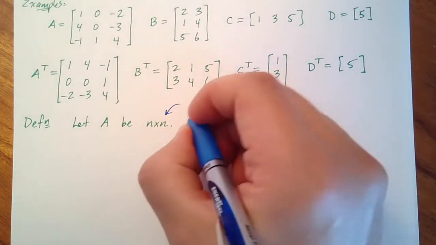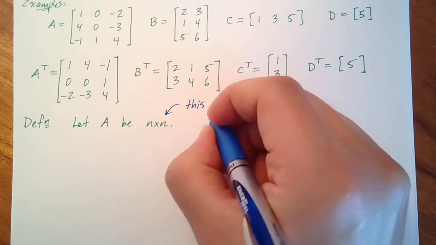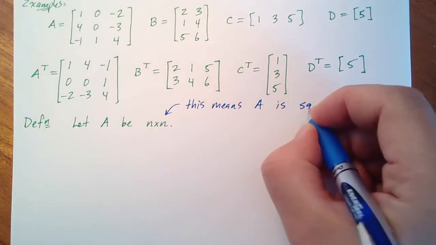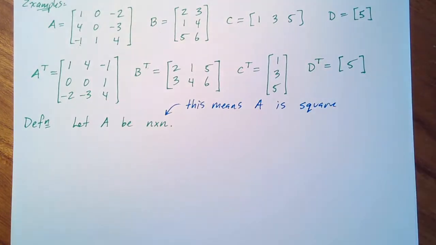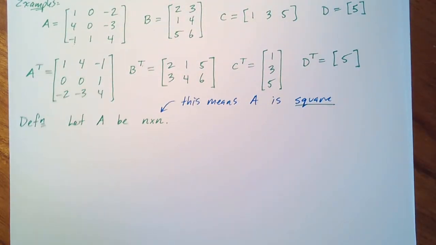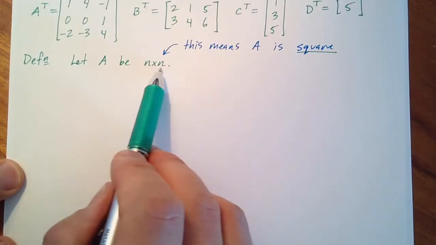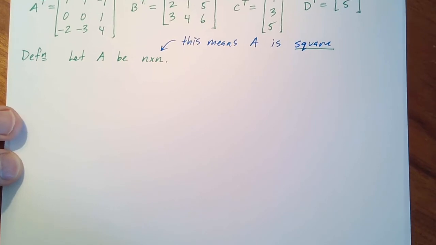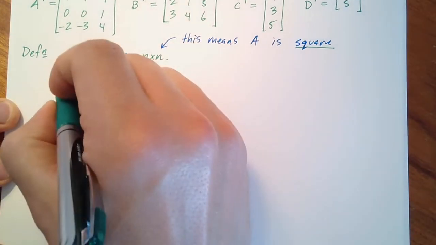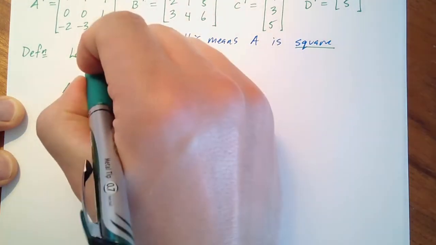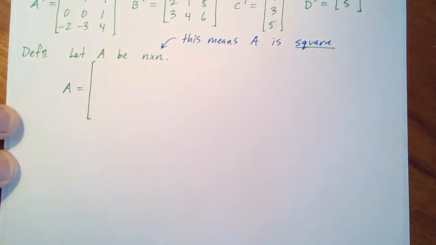In other words, this just means A is square. So now you know what a square matrix is. Okay? Well, if you have a matrix and you know it's square, you could write out its entries, something along the following lines. I don't know what the entries are in general, but I could just use notation for them.